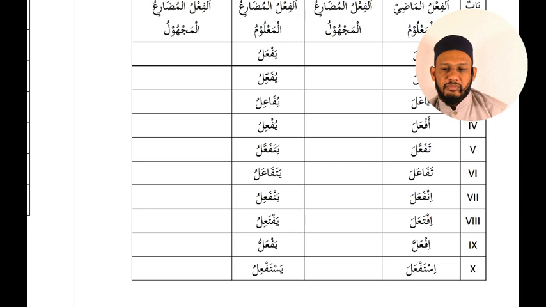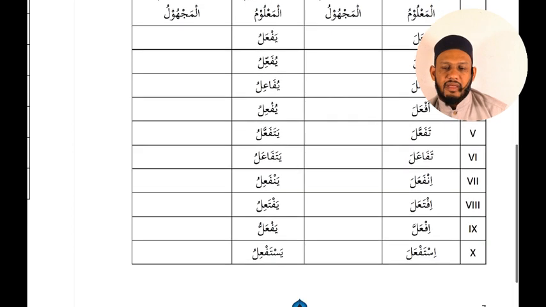Fa'ala becomes what? Fu'ila. And I change the alif to a waw to match the u sound. So it becomes fu'ila. Af'ala, the first letter becomes u, so it becomes uf'ila. The ayn letter becomes kasra. Tafa'ala, the first letter becomes u, to tufu'ila.